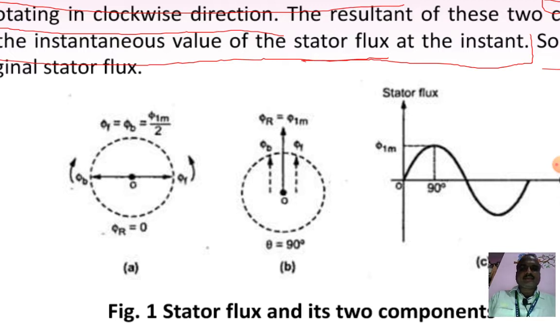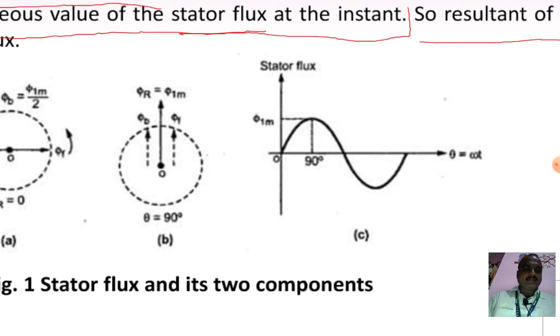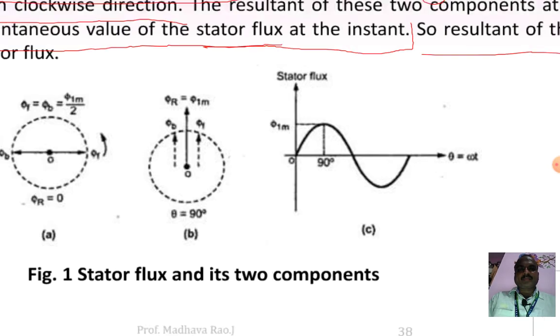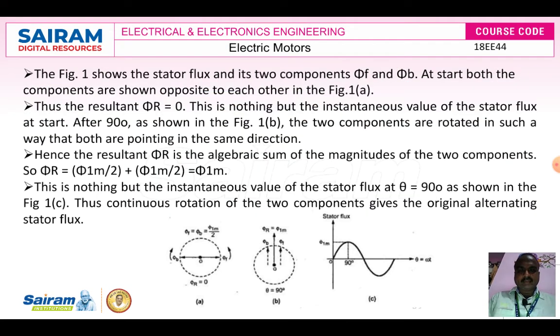Once they come to 90 degrees, the resultant flux will be equal to phi 1m. We can see in figure C the flux alternating in the positive direction and negative direction. That is the stator flux in figure C. Next case: the stator flux has two components, phi f and phi b.